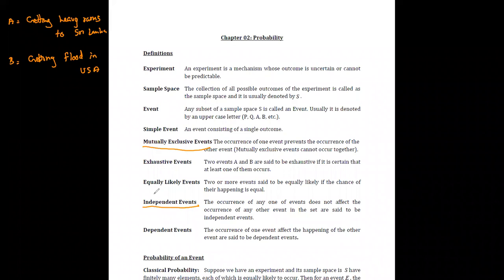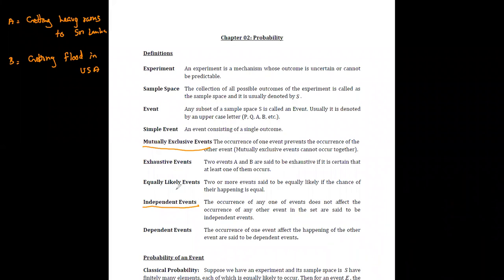But if you are considering the independence of two events, then both of these events can happen at the same time, but the occurrence of one event does not affect the occurrence of the next event. That is the difference between these two concepts. Therefore, we can simply say that if the occurrence of one event does not affect the occurrence of the next event, then such two events are said to be independent events.